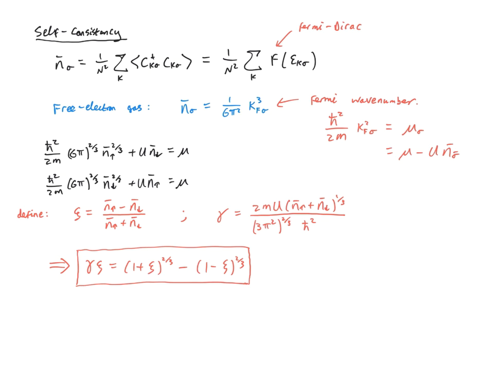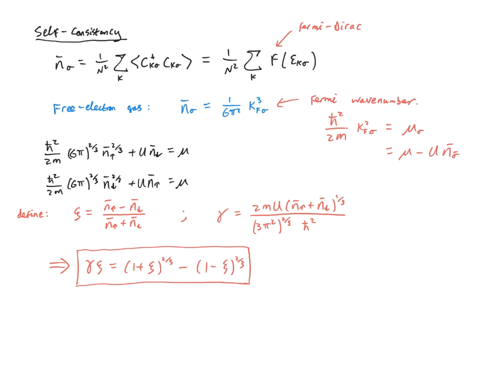In particular, notice that this psi object here tells us about the polarization in the system. It's the relative polarization. It tells you about the difference in the spin species normalized by the total density. Whereas this gamma parameter tells us about the relative strength of the interactions in the system, also in terms of the total density.